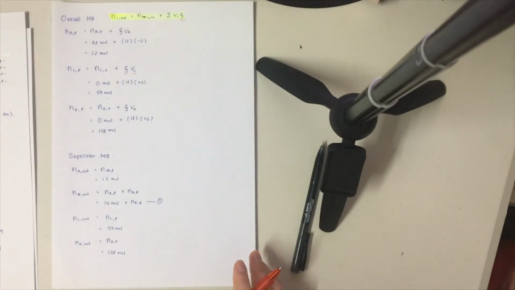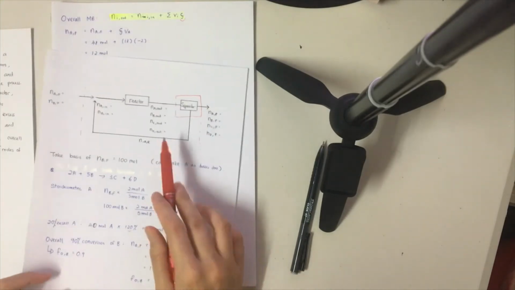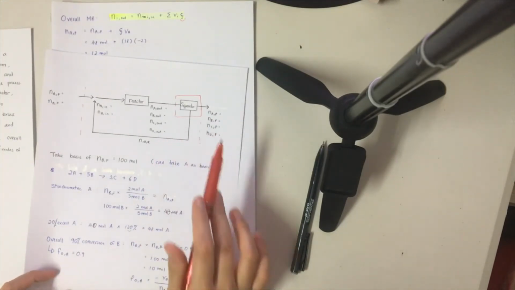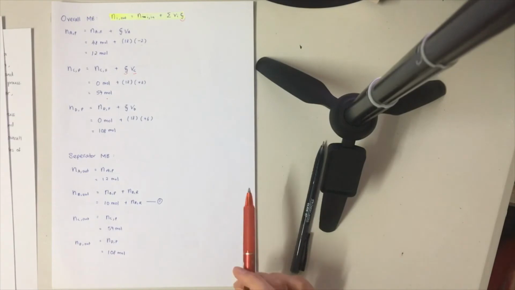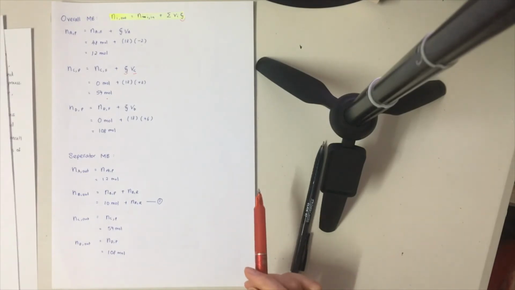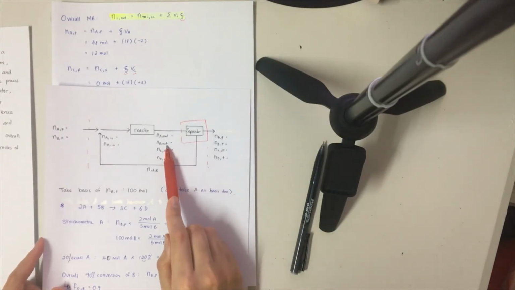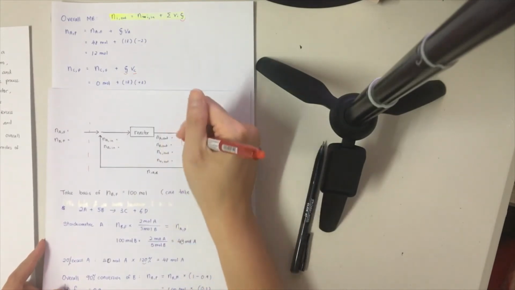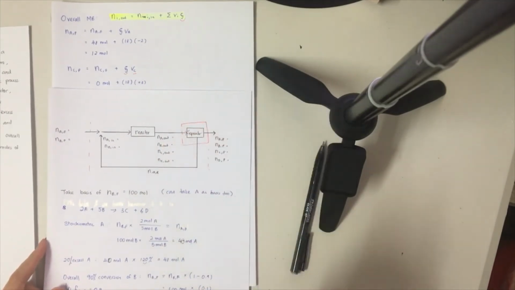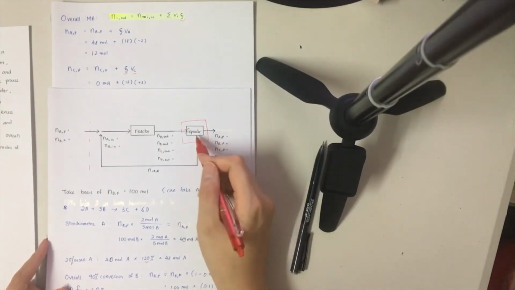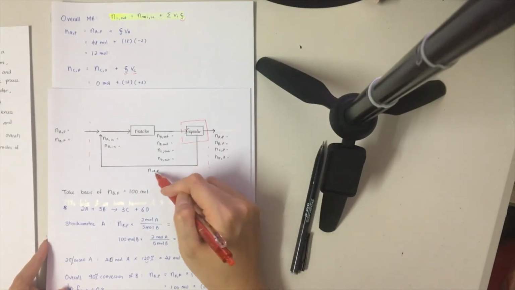So for your separator section, you only take into account of these two sides, right? Oh, no, sorry. We take into consideration of one. This one goes in. Forgot an arrow over here. This one goes out. And you also have an outlet stream, which is NB at the recycle stream.